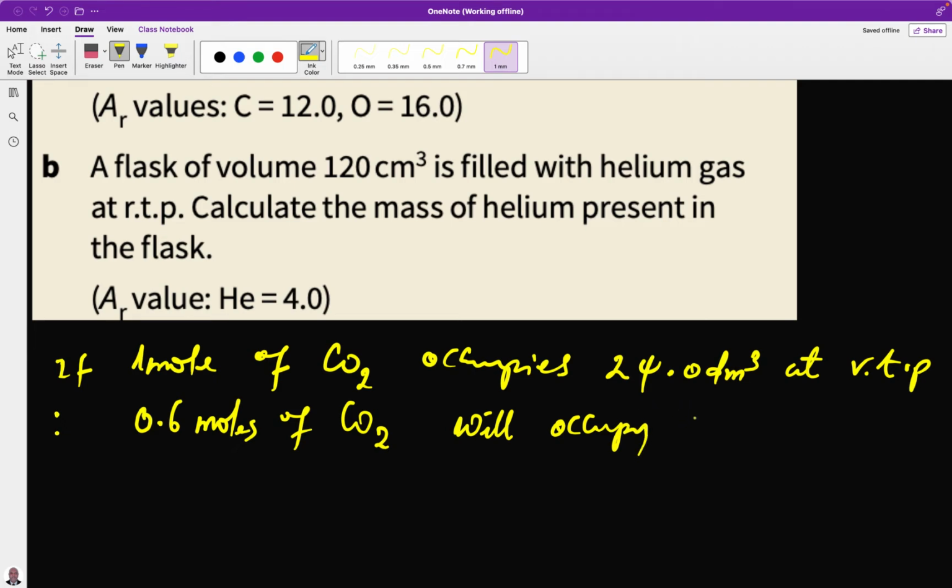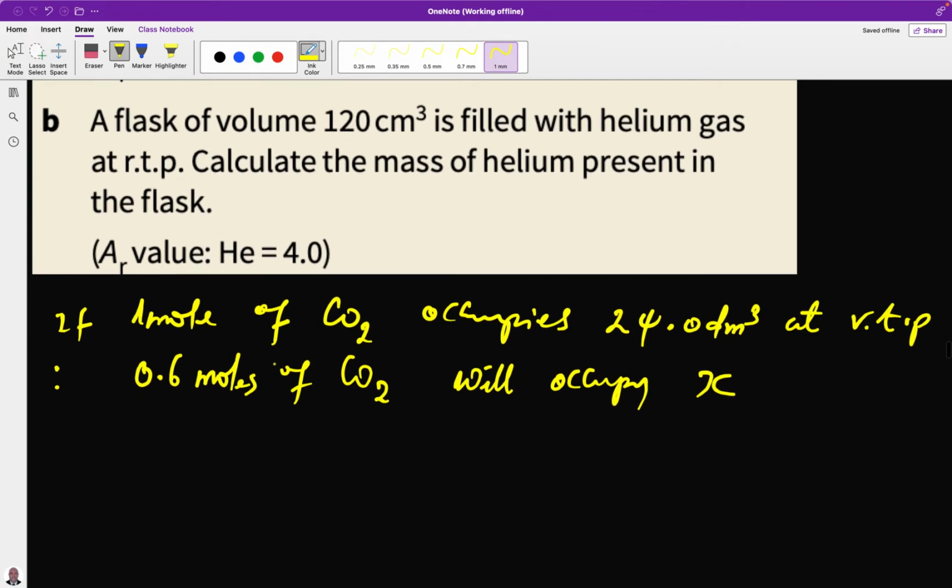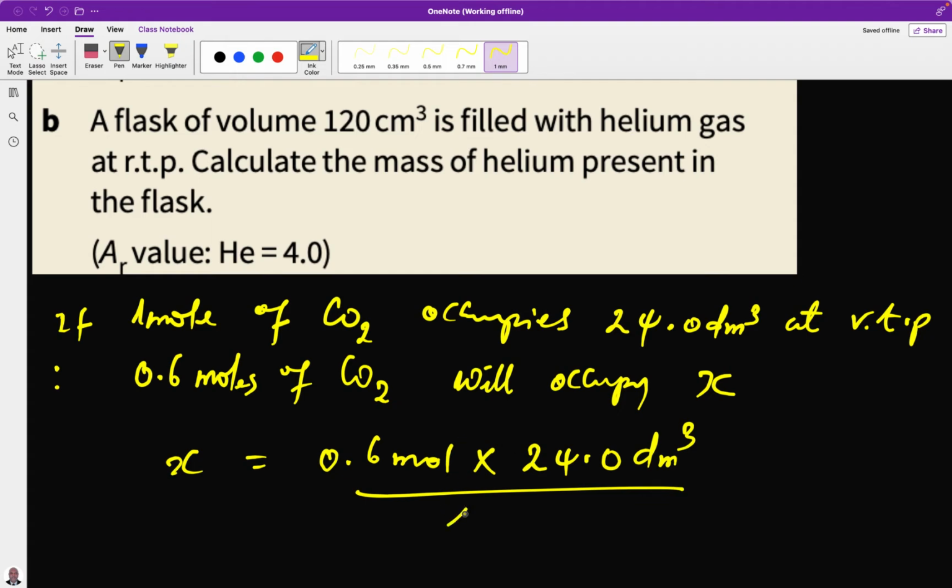A certain volume we don't know. Will occupy x dm cube. So now our x value would be 0.6 mole times 24.0 dm cube divided by 1 mole.